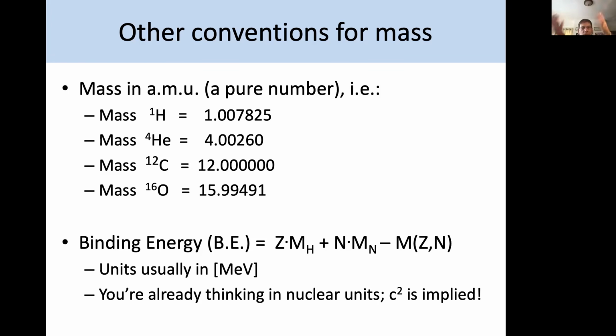You can either list the numbers absolutely, or you could take an arbitrarily chosen standard. In this case, the International Union of Pure and Applied Physics has designated the carbon-12 nucleus to be the standard nucleus, which is bound, and we simply take 1/12 of the mass of the carbon-12 atom to be the definition of the AMU.